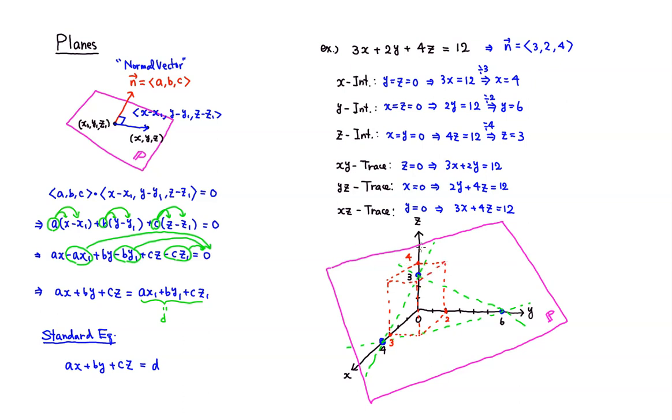Then we use that as the head of the arrow. It's kind of hard to see, but I'm going to put the tail at the origin, and here is the vector. You can see that the vector is perpendicular to the plane given here, right? That's it. I hope that this was clear.